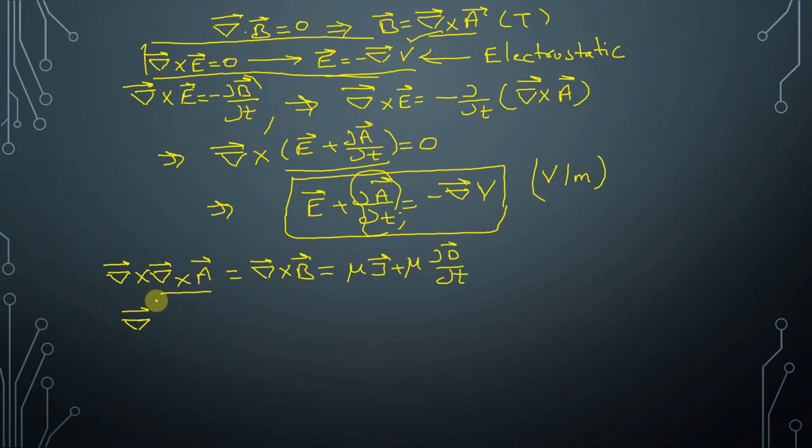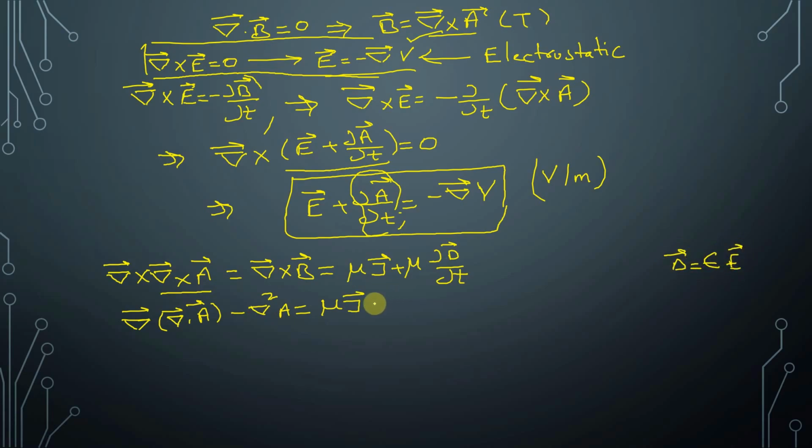So open this triple cross product. We can open it and get del dot A minus del square A, which will be equal to mu J. Put the value D is equal to epsilon E, since D is related to E by this formula.